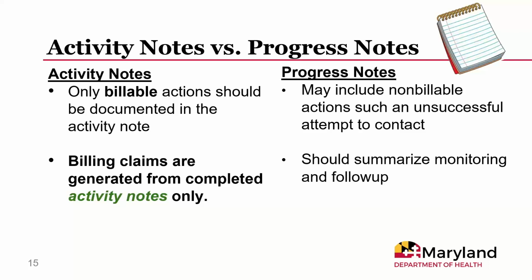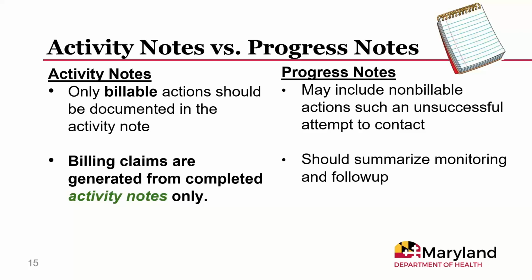At this time, activity notes are not viewable by any CCS from other agencies in the event that the case is transferred from one agency to another agency. However, a new CCS is able to view progress notes.